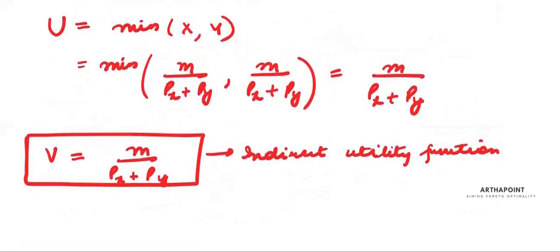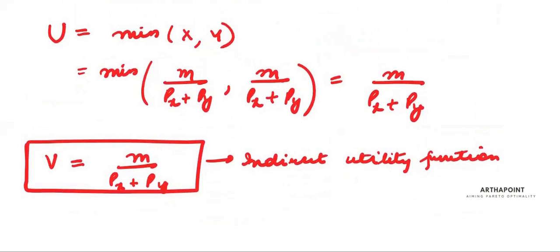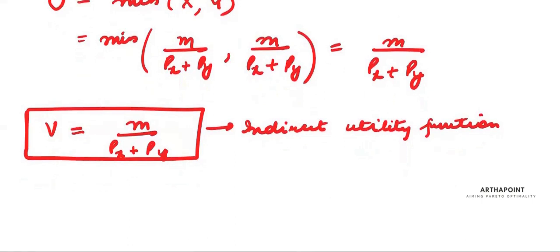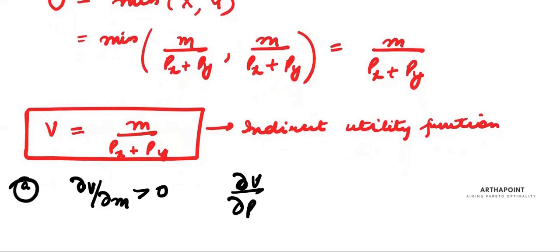It will be a good idea to go ahead and see if the properties that we suggested yesterday still hold true for this indirect utility function, which means you have to verify if it's increasing in income, decreasing in prices, and homogeneous of degree 0 in income and prices.